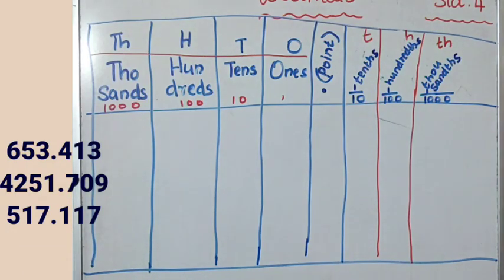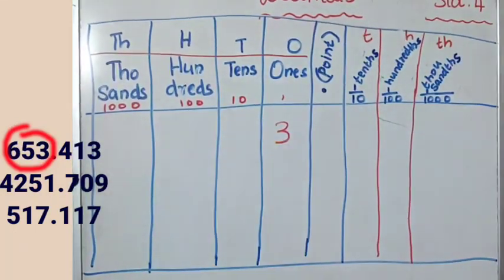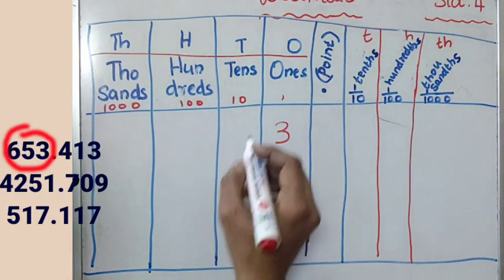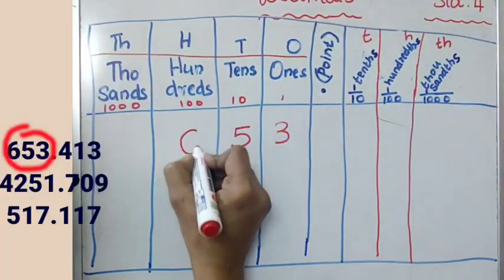So how will you represent this number in the place value chart? 653.413. 3 in the ones place, 5 in the tens place, 6 in the hundreds place.